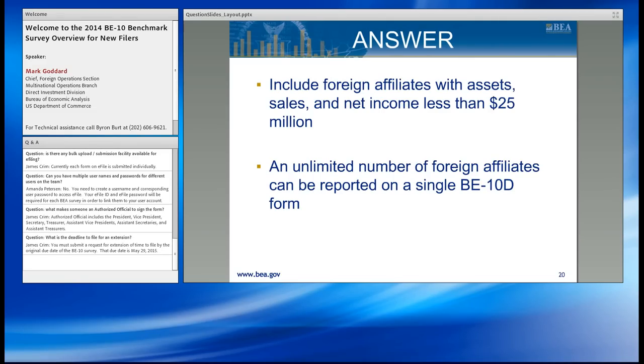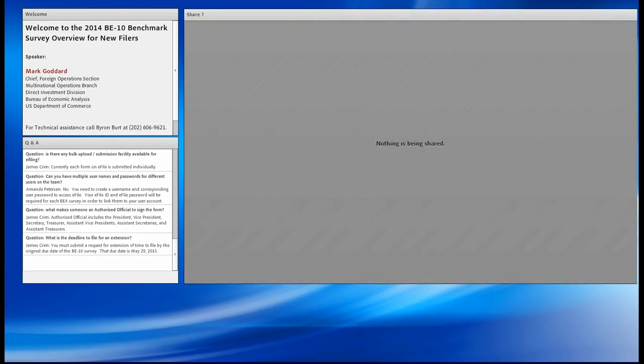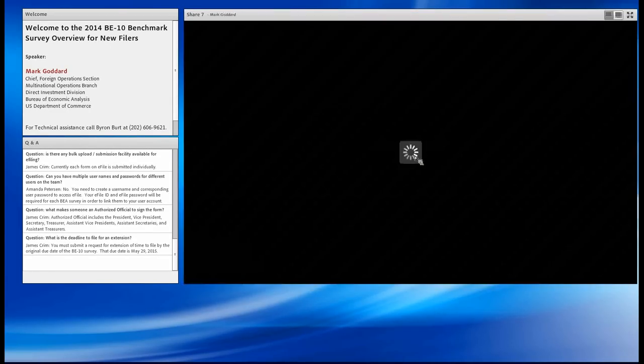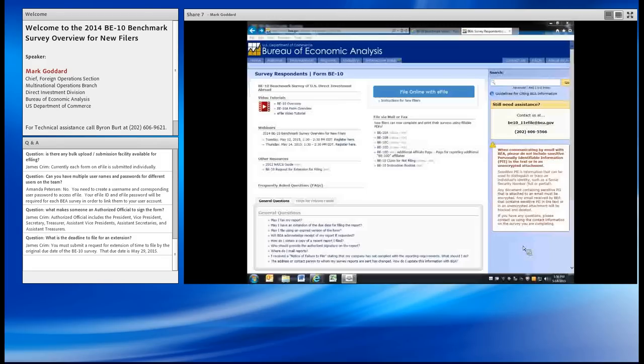I'd like to go back to the respondent webpage again, the BE10 webpage, and show where the additional BE10 affiliate form is located. So within the web page, on the right hand of the screen, you see all of the forms, which are fillable PDFs.